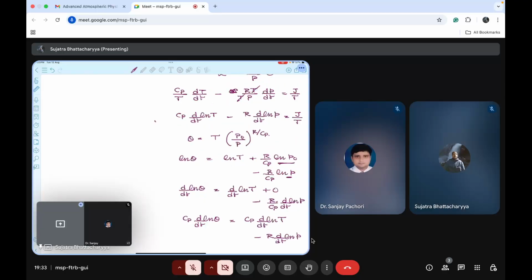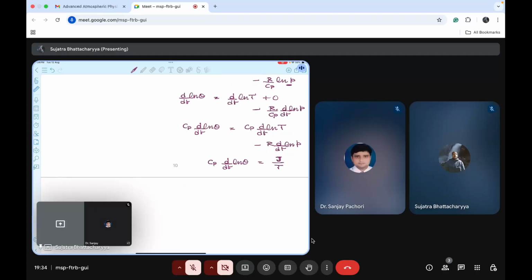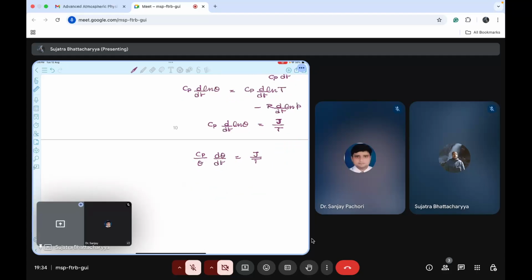This is J by T. So what we get finally is that Cp d/dt of log theta is nothing but heating rate divided by temperature, J by T. And finally Cp by theta d theta dt is equal to J by T. Fine. So this is the final expression.